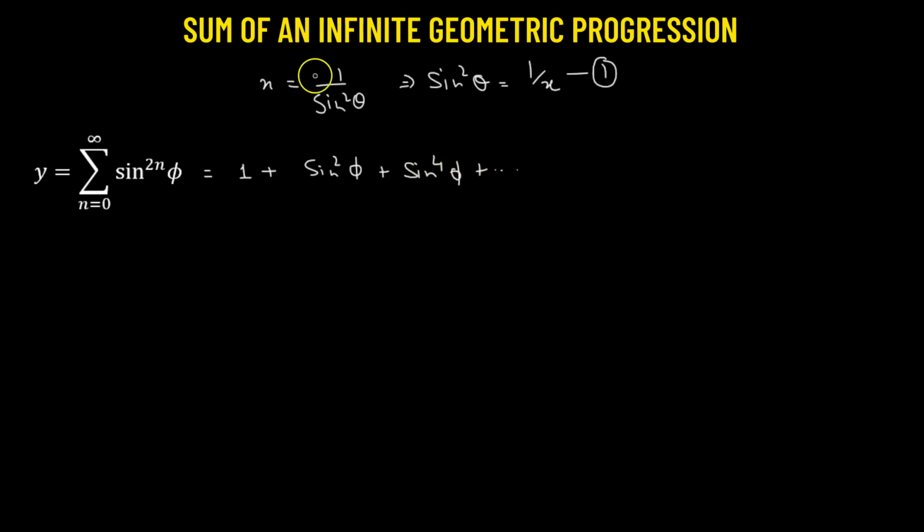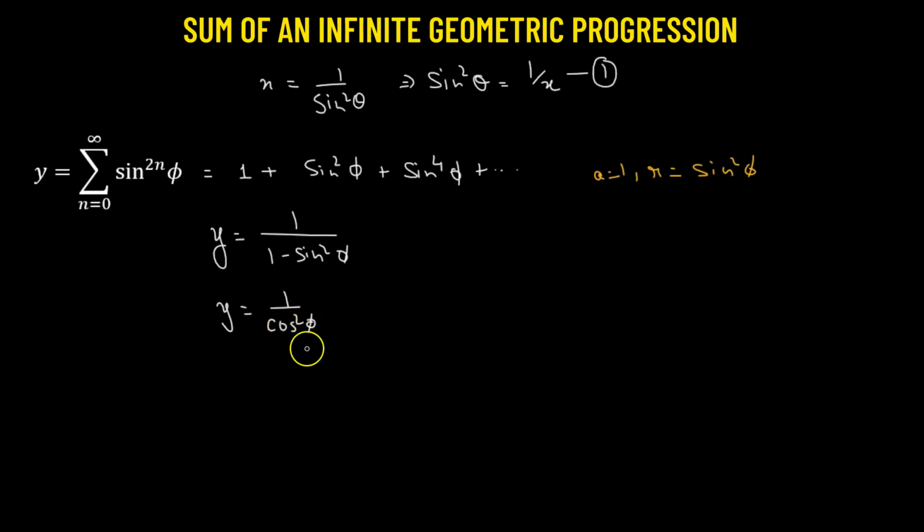Here the first term is 1 and the common ratio r is sine squared phi. Using the formula for the sum to infinity, we have y equals 1 divided by 1 minus sine squared phi. So 1 minus sine squared phi is cosine squared phi, so we get y equals 1 over cosine squared phi, which means cosine squared phi will be equal to 1 over y. So this is going to be equation number 2.